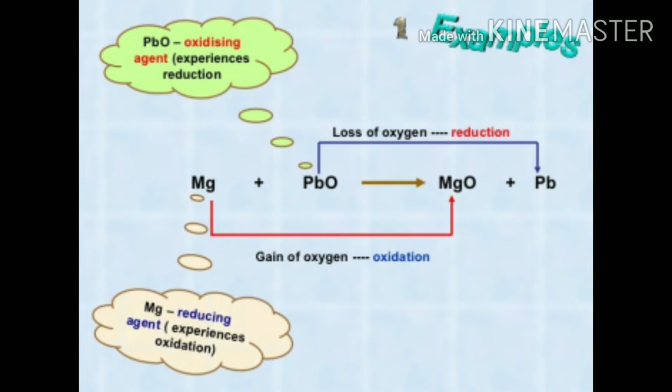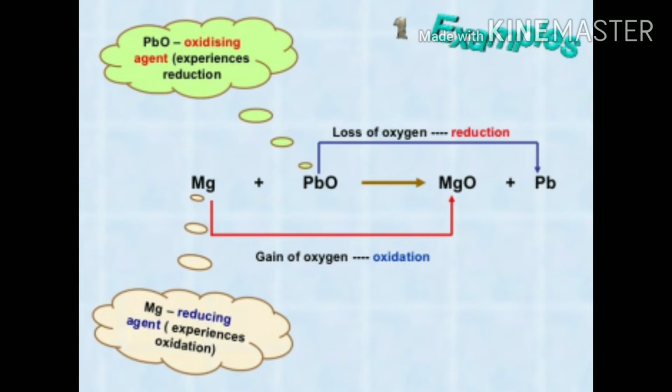So, the reduction of lead oxide to lead has been done by magnesium. So, magnesium can be called as a reducing agent. A very interesting fact comes from this, that the oxidizing agent always gets reduced and the reducing agent always gets oxidized during a redox reaction.